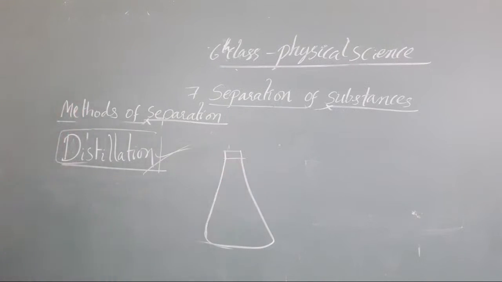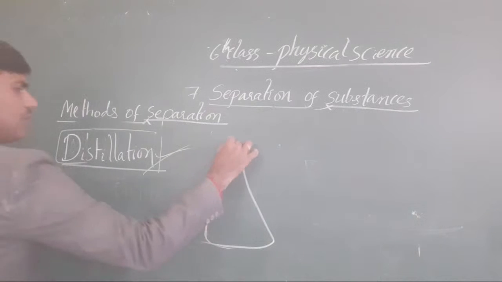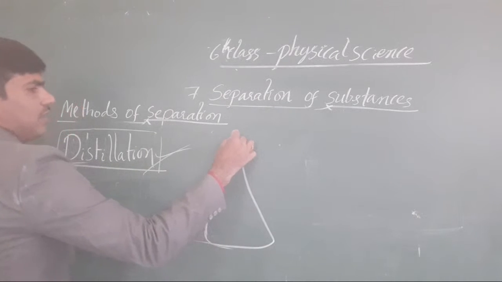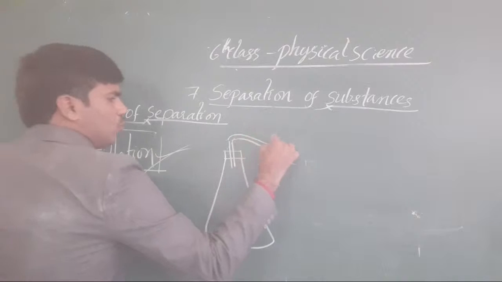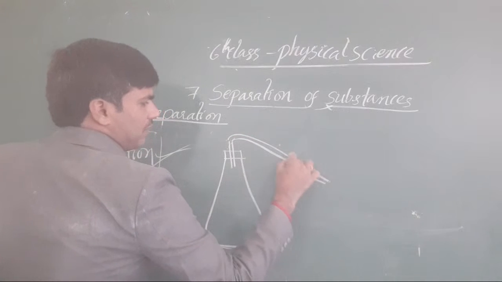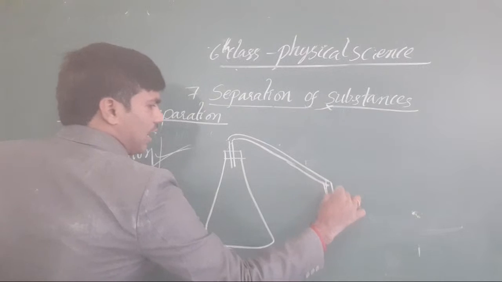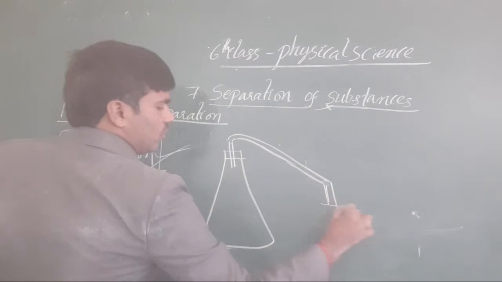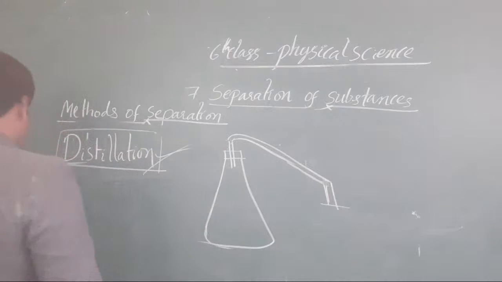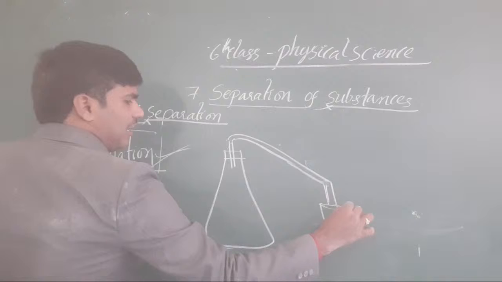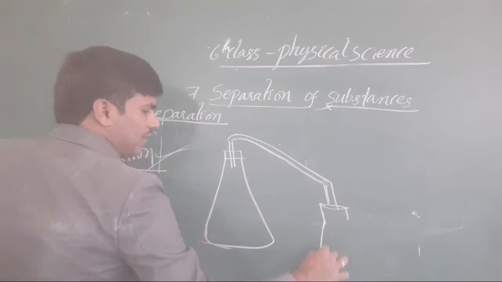For this rubber cork, you take one pipe, and this pipe is again passed through a glass tube into the other conical flask, which is not at the same height compared with the first.